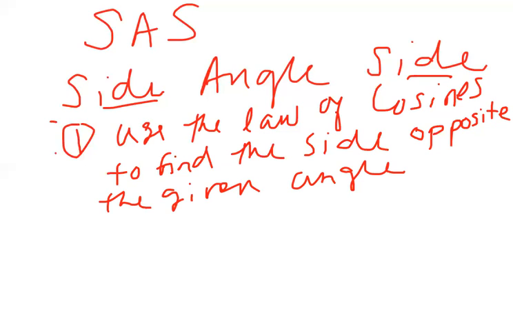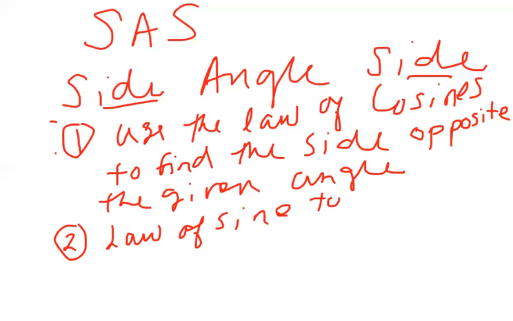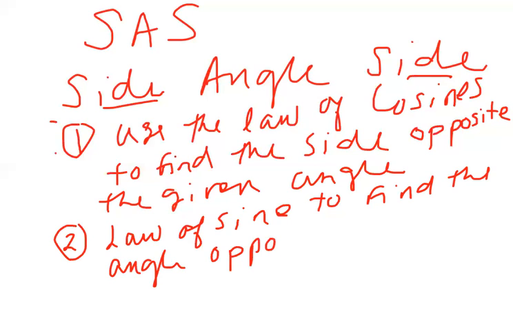Now, once you find that side opposite the given angle, you're pretty much done with the law of cosines. So now step number 2 is to find the missing angles. Which angle do you want to start with? This time you want to use the law of sines to find the angle opposite the shorter side.